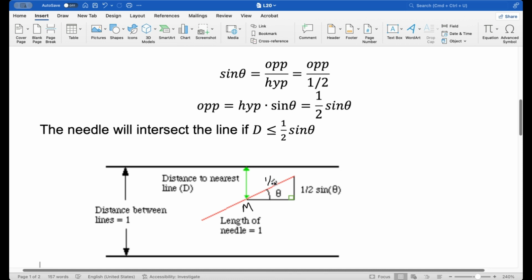We know the hypotenuse is 1/2, so we can solve for this vertical segment, the opposite segment, by cross multiplying. It's hypotenuse times sine theta, which is 1/2 sine of theta. So in order for the needle to intersect the closest line, we need the distance D to be less than or equal to 1/2 sine theta.